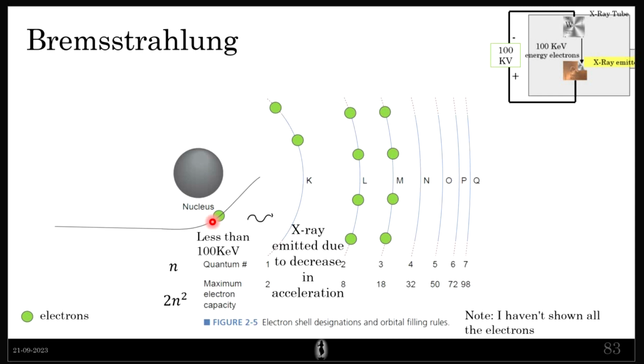That's how this got its name. There are no brakes as such, but because there is a decrease in acceleration, going with the analogy of a car, we can assume that the electrons are putting on brakes. Okay, so this is the braking radiation.